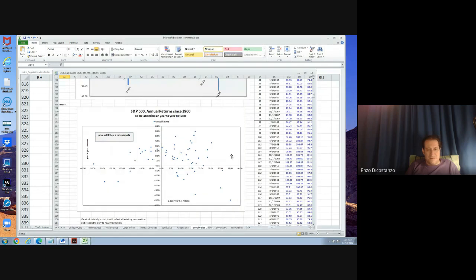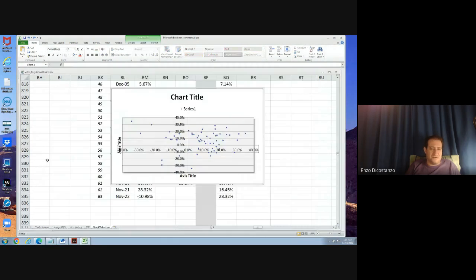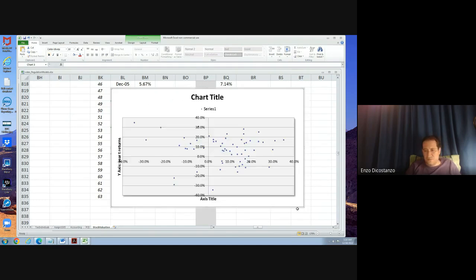All right, yeah. It says prices will follow a random walk. X-axis, year T returns, right? Y-axis. And make it a little bigger. You can work with it a little bit better.